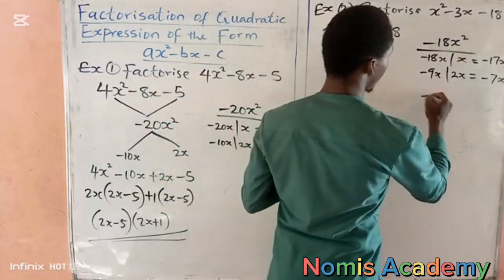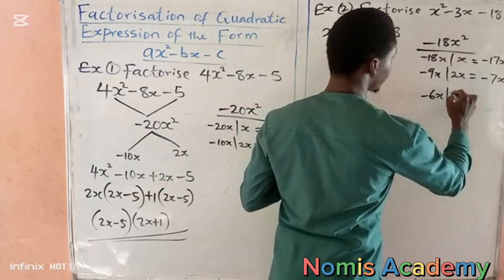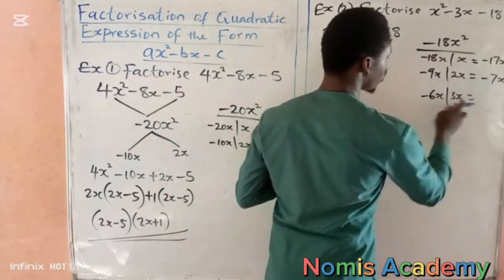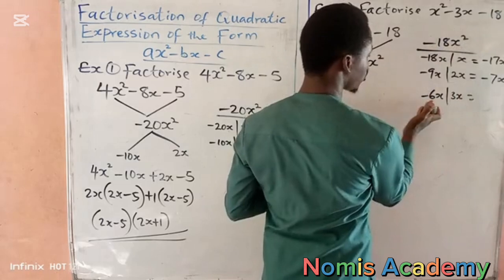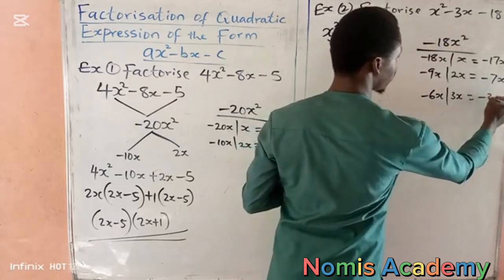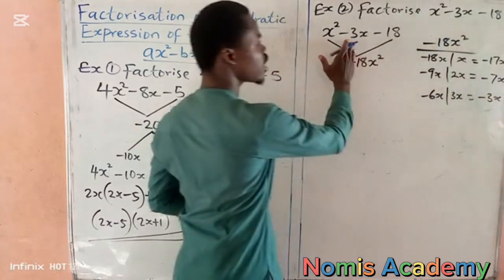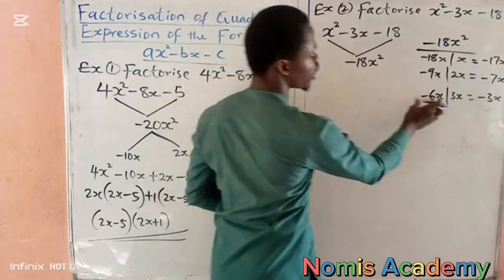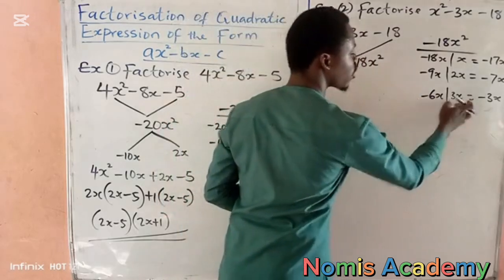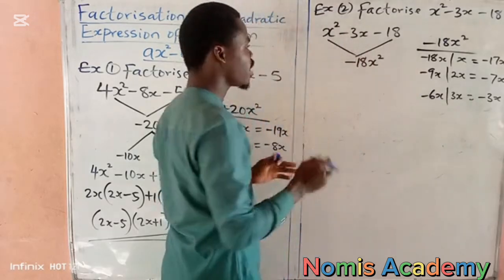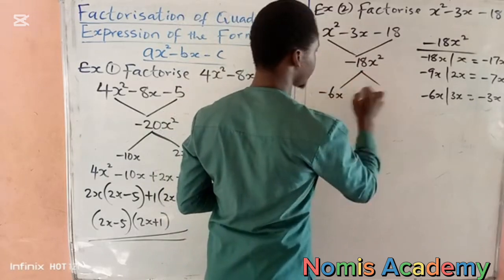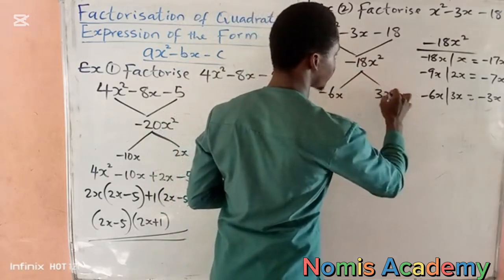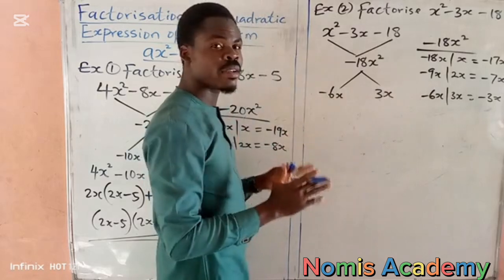We also have minus 6x and 3x. The product will give us minus 18x squared, and then the sum will be minus 3x. Exactly what we are looking for. So meaning we are going to pick these two factors. They are the required factors. So we write minus 6x and 3x are the required factors.